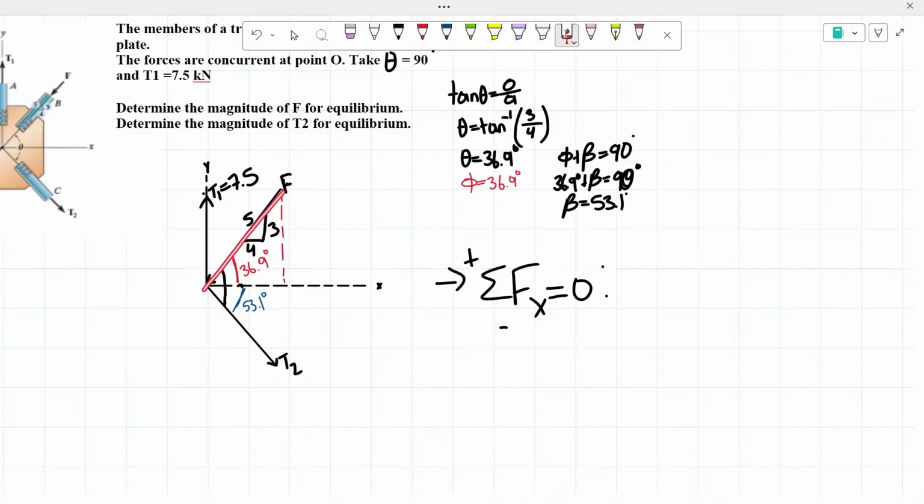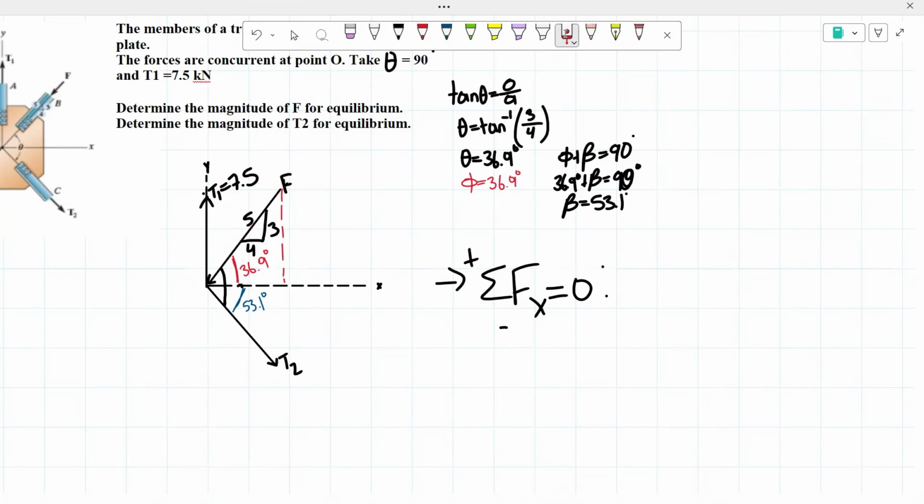So if we were to look at this on the bigger scale of the bigger triangle, we are trying to find this side of the triangle for our x component, but we are also trying to find the magnitude of this side of the triangle. With correspondence to this angle, we are trying to find the adjacent side and the hypotenuse side.